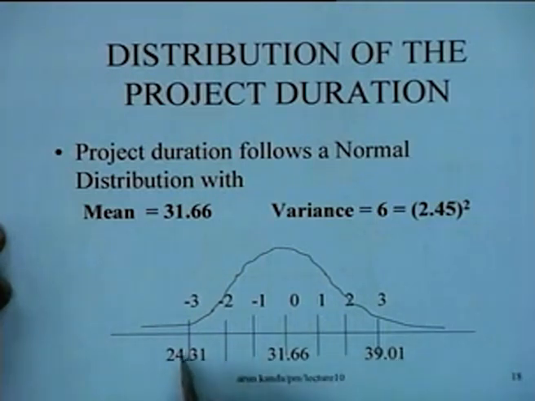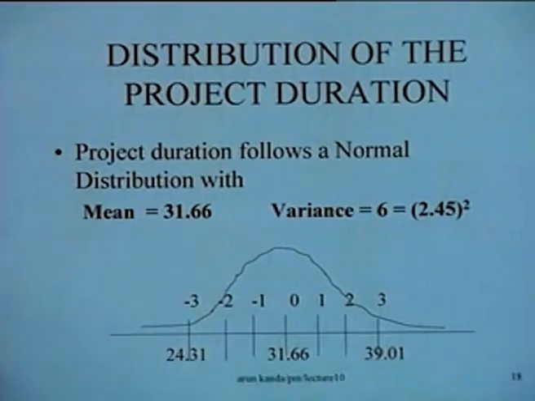So we can in fact see that this particular project is with all probability likely to be completed in a minimum time of 24.3 days and a maximum time of about 39 days. So we get this estimate of the worst case situation, or you can say the 99% probability, more than 99% probability that the project would be completed within this interval.